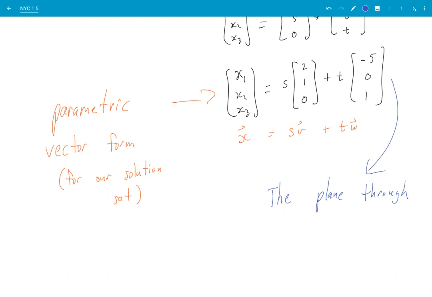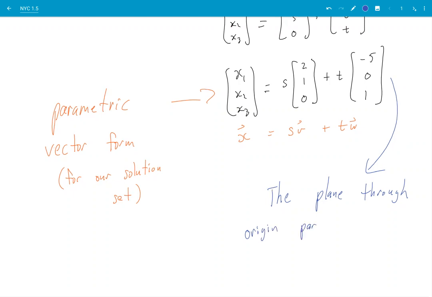So it's actually the plane through the origin that is parallel to 2, 1, 0 and minus 5, 0, 1. So that's our geometric description of this solution set.